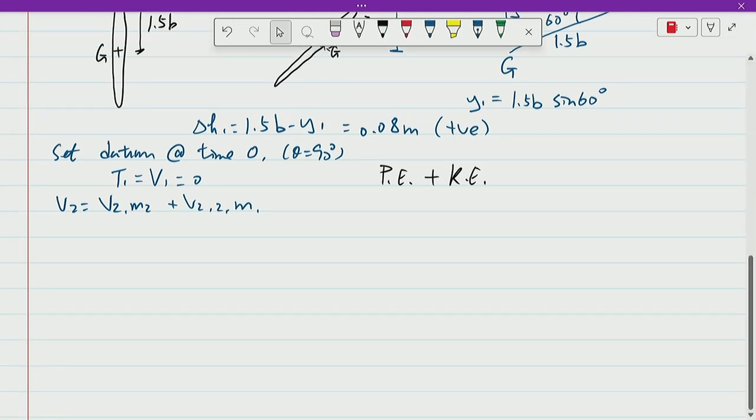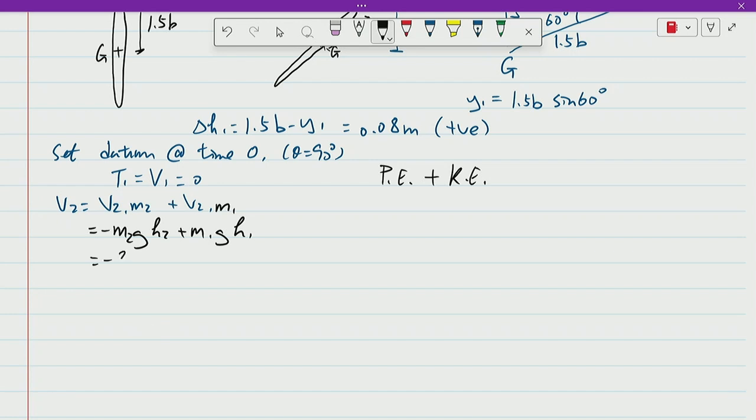Okay, so we're still working with potential energy. Sorry about that. The change of potential energy. So for mass 2, we have negative m2 g h2. For mass 1, we have plus m1 g h1.